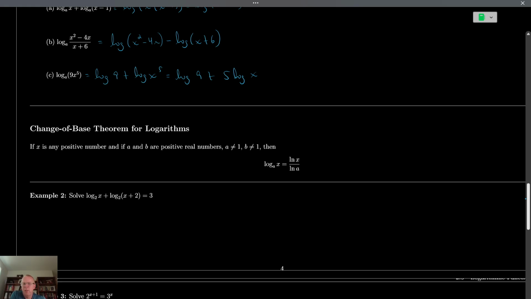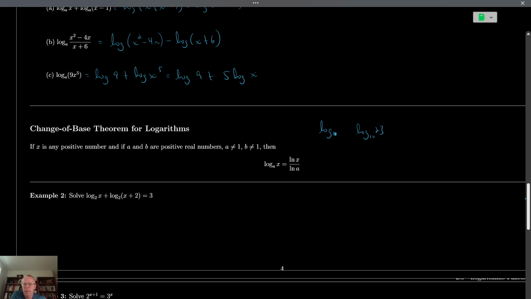But you have the log button on your calculator, and the log button only does base 10. So really, when you put log of 23, it's log base 10. And there's no way to do another base just strictly like that.